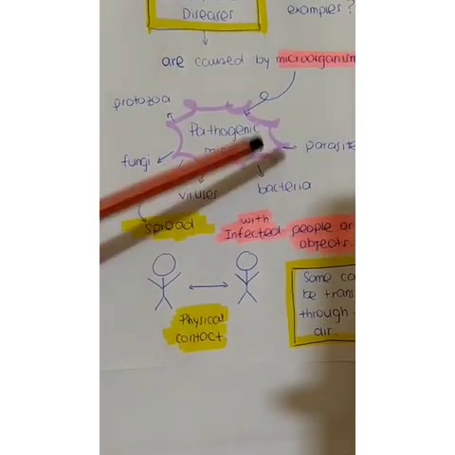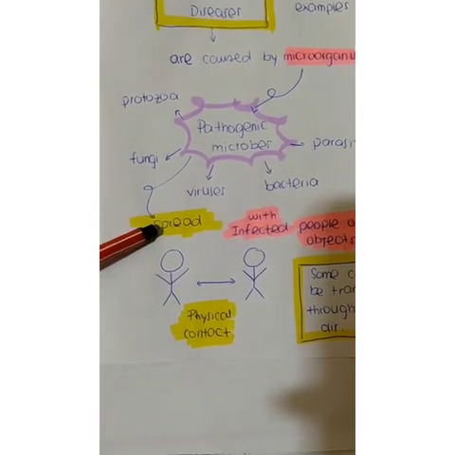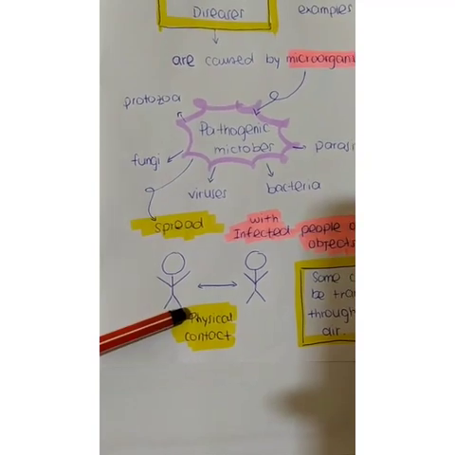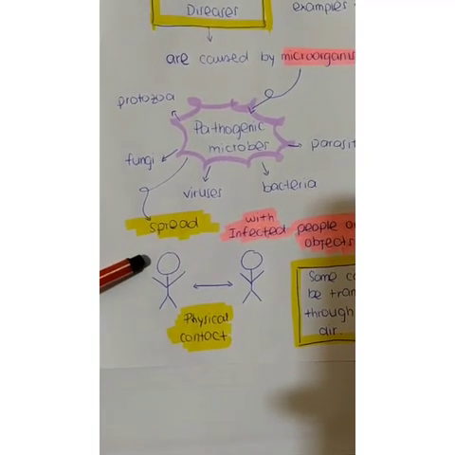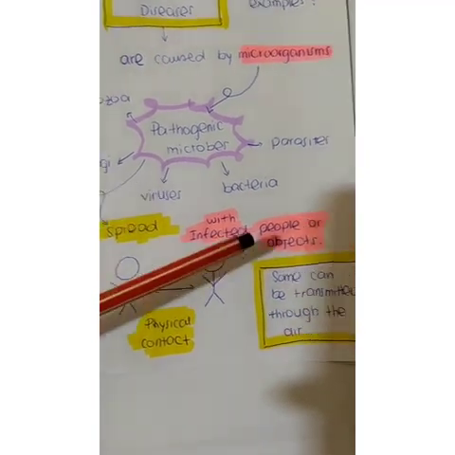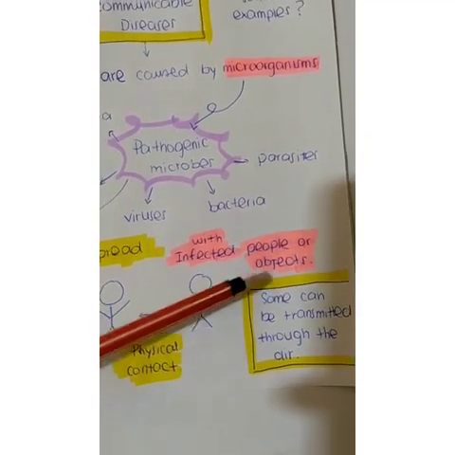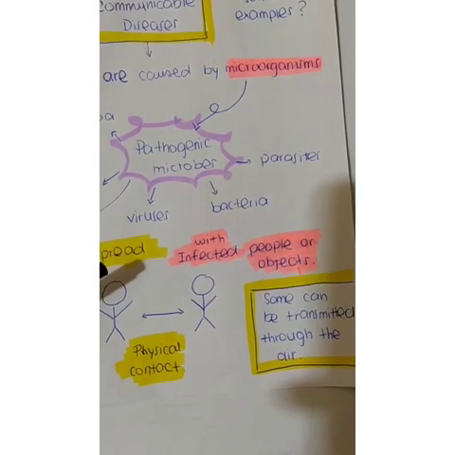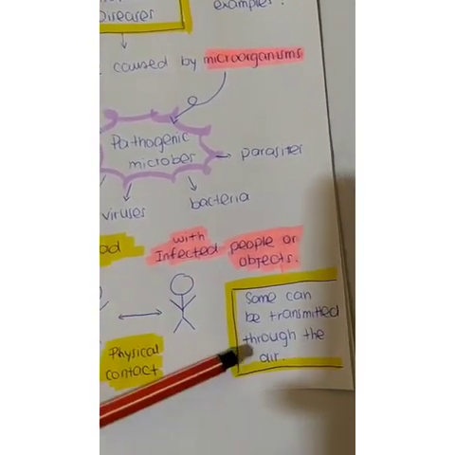These pathogenic microbes can spread from person to person through physical contact with infected people or contaminated objects. Some of these pathogenic microbes can be transmitted to other living things through the air.